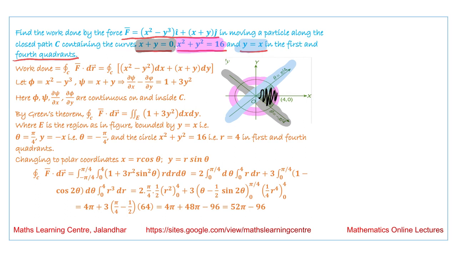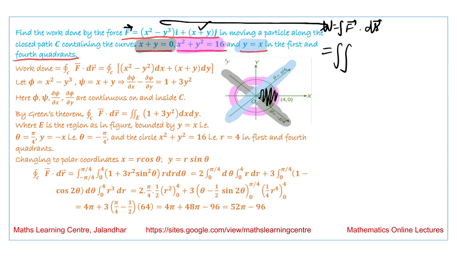Now in this portion we have to evaluate the line integral, integration F vector dot dr vector. This is the work done in this region, and by Green's theorem this value is equal to the double integral of, the partial derivative of this with respect to x is 1, and this is minus 3y square, so it becomes plus, so it is 1 plus 3y square into dx dy, and this is the region of integration.